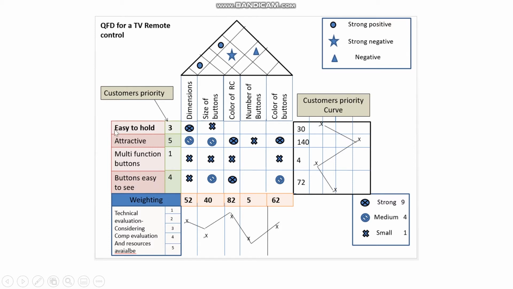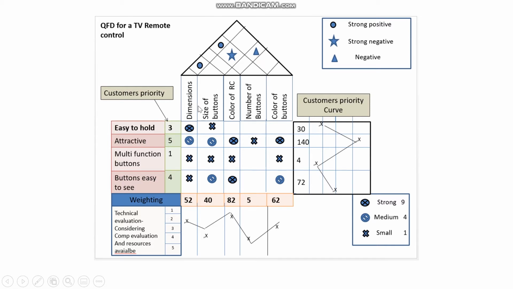So to incorporate this voice of customer, what are the technical requirements given? This should be done by a technical team inside the company. You see here, it's possible to increase the dimensions, the size of the buttons we can increase or decrease, the color of the remote control we have to change, the number of buttons we have to increase or decrease, and the color of the buttons also we have to take care.